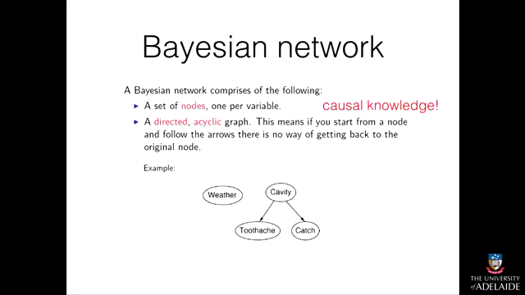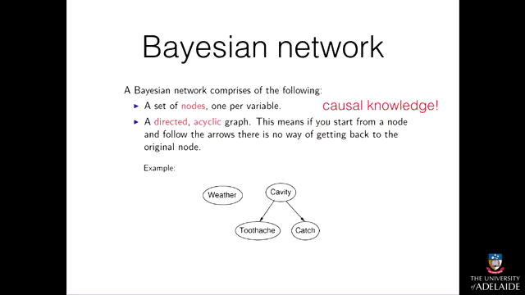Okay, so with the two important concepts, independence and the Bayes rule, we can define a Bayesian network. The Bayesian network comprises the following two factors. The first one is a set of nodes. Because it's a graph, the graph has nodes, just like this one. And then we have edges, that means the nodes will be linked by edges.